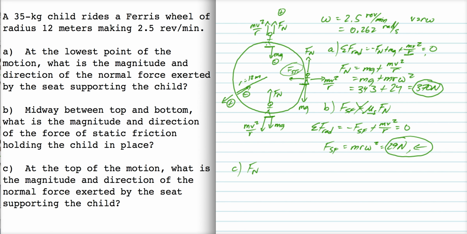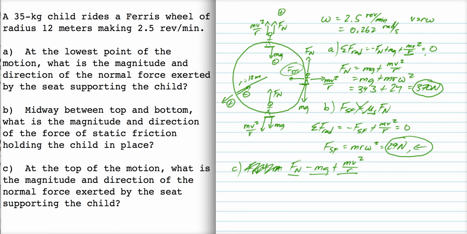So I've got normal force, let me start over. I got normal force minus mg plus mv squared over r. Normal force is positive, mv squared over r is positive, and mg is negative.